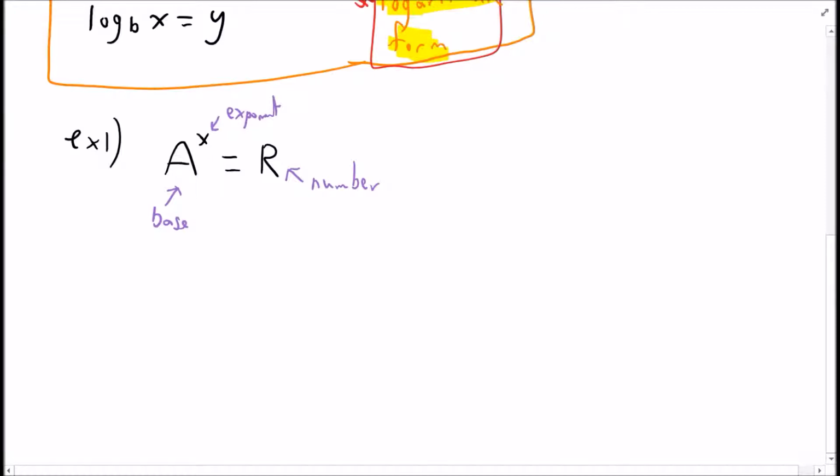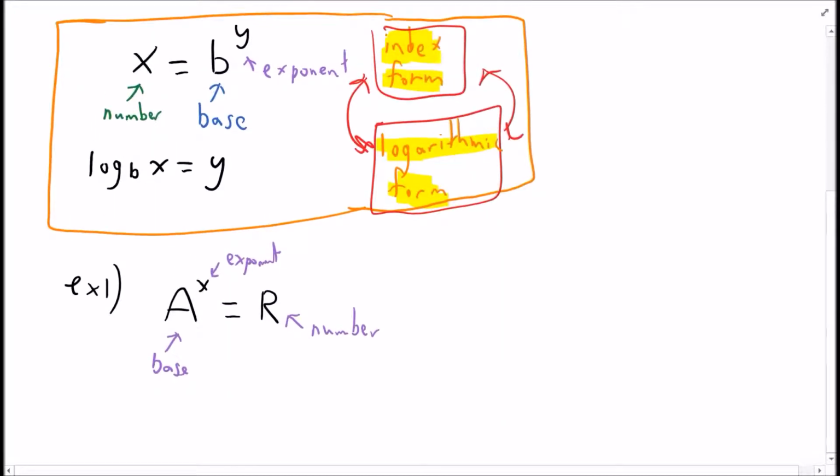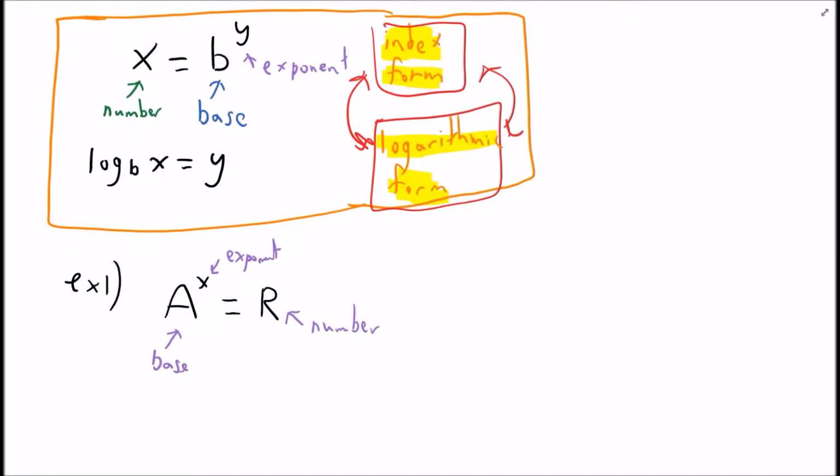When we change it into logarithmic form, all we need to do is write the log of the base, and in this case the base is a capital A, and then we put the number, and in this case the number is r, equal to the exponent, which is x.